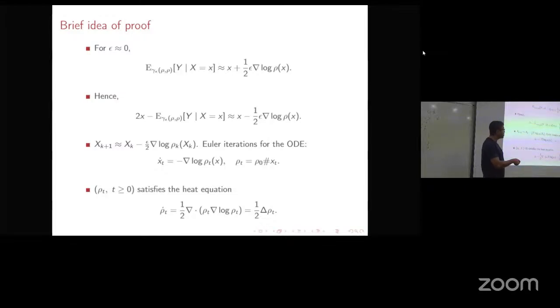This is an Euler iteration for the following ODE: x_t dot is minus one half gradient of log rho_t, where rho_t is the law of x_t. But if you solve this ODE, you get the heat equation. This is the only solution for this.